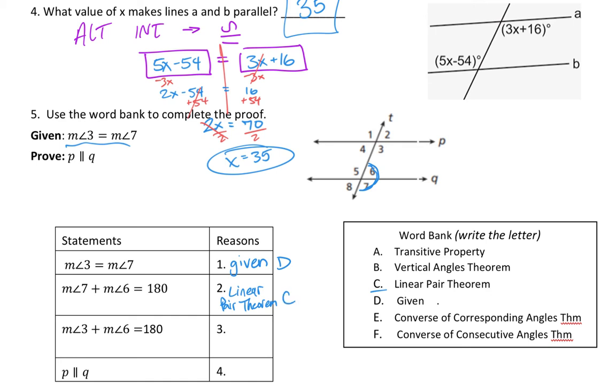All right, so if 3 equals 7 and 7 plus 6 equals 180, then we can substitute. I can replace the 7 with 3. And what's that called when we replace? It should be the substitution property.